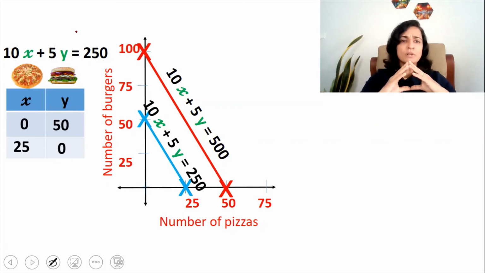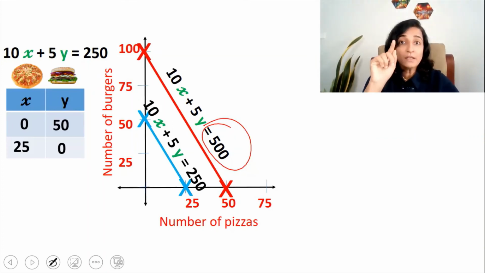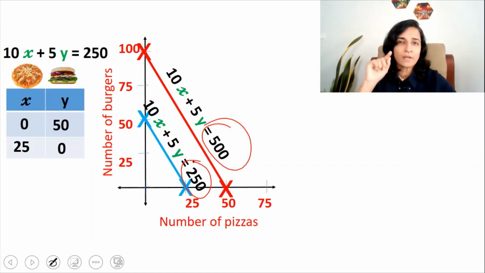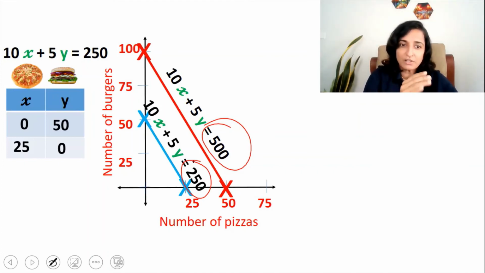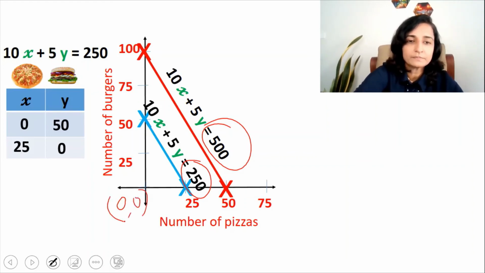One more point that you would have noticed is I had assumed the profit to be $500 and you had assumed the profit to be $250. The profit line that you have assumed is below my line, which means that as you move towards the origin, what is the origin? Origin is this one, 0, 0, okay?